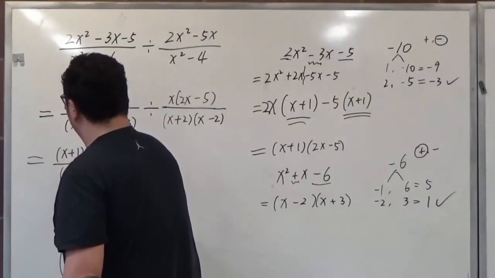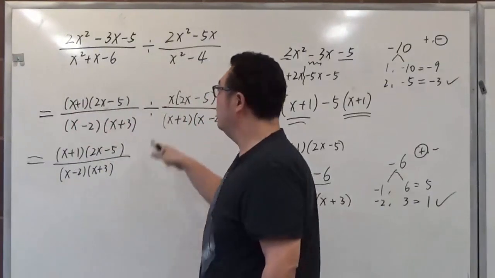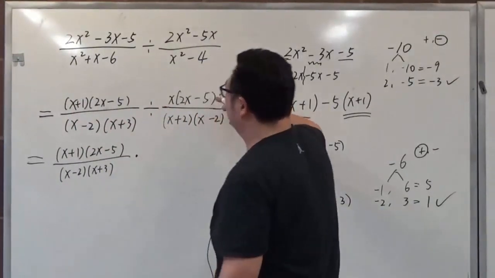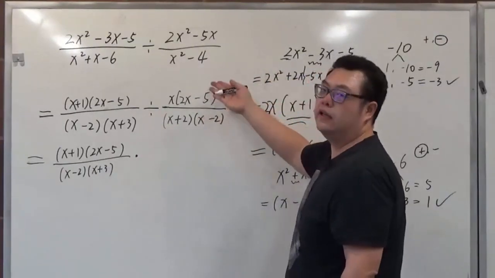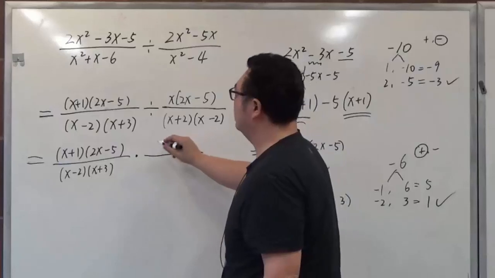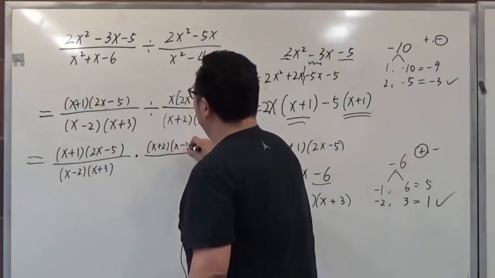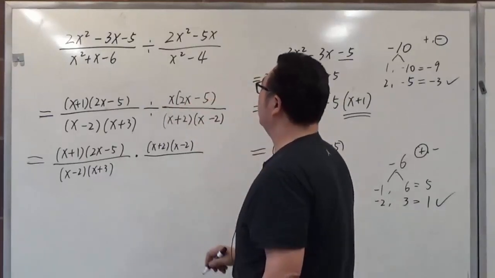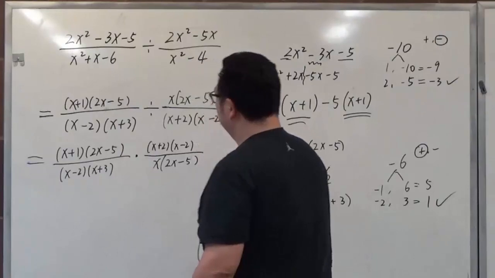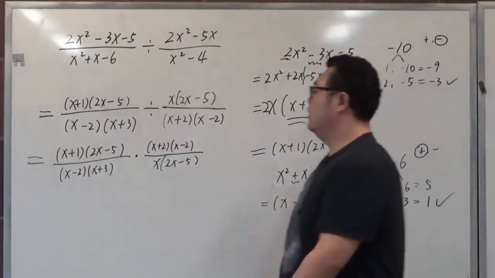We keep the first entire fraction, we change the division into a multiplication, and we flip the entire second fraction. The denominator of the second becomes the numerator, and whatever was on top goes on the bottom. Then we go back to a multiplication problem.